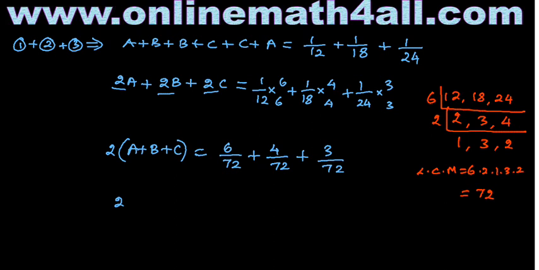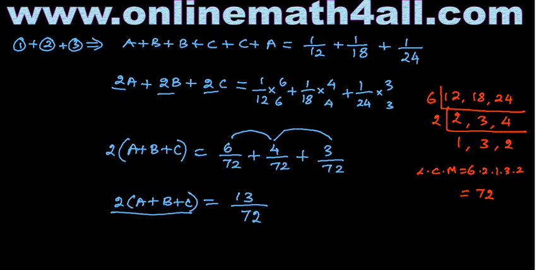So 2 times (A + B + C) is equal to, 6 + 4 will be 10, 10 + 3 will be 13 over 72. Now what I am going to do is divide by 2 on both sides. When I do so, this 2 and 2 will get cancelled.